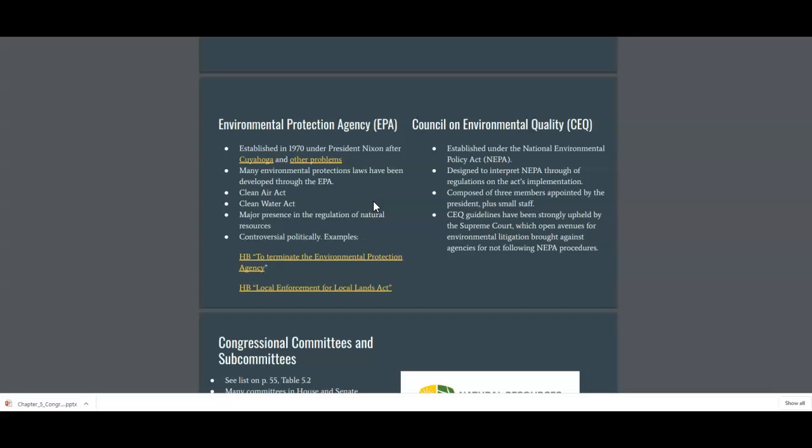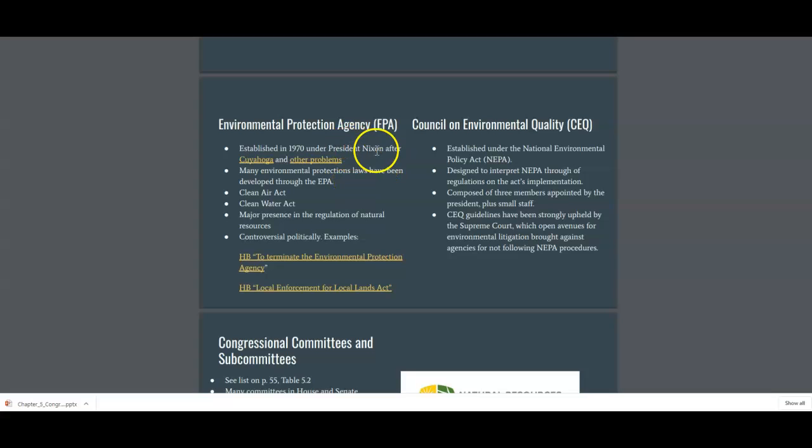I want to note that President Nixon was a Republican, but this was a bipartisan effort to create the Environmental Protection Agency. So if you ever thought, and I wouldn't blame you if you did, that Republicans and Democrats have never worked together, this is an example where that happened.